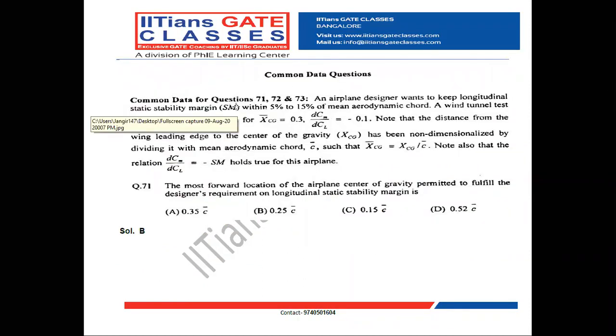Now we'll see a common data question, which is the common data for question numbers 70, 71, and 72. An airplane designer wants to keep the longitudinal static stability margin within 5% to 15% of the mean aerodynamic chord. A wind tunnel test of the model shows that x_cg bar equals 0.3. This x_cg bar is the non-dimensionalized CG location with respect to the chord of the wing. dCm/dCL equals minus 0.1.